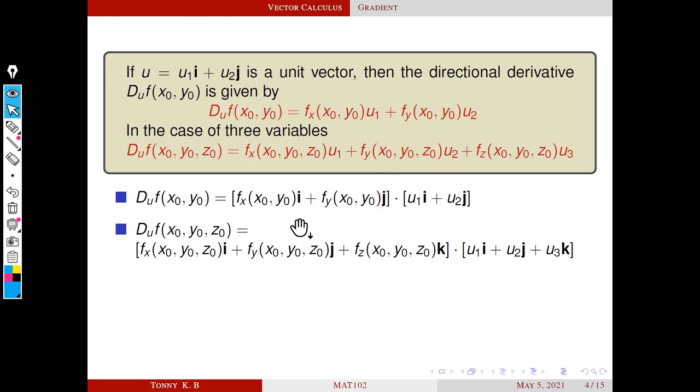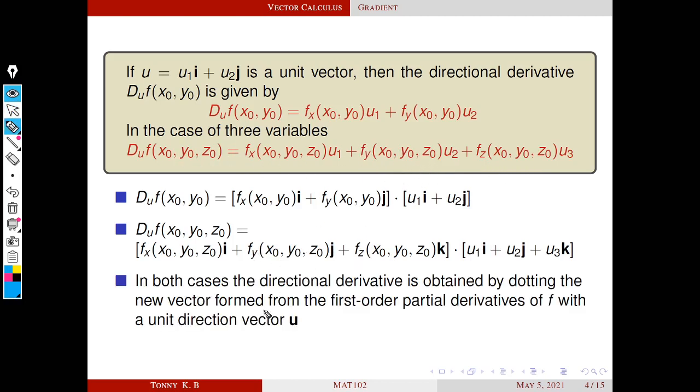Similarly, the dot product of these two vectors gives the same formula for the three-dimensional case. So in both cases, the directional derivative is obtained by dotting the new vector with the unit direction vector. What is the new vector? This is our new vector in the case of 2D, and this is our new vector in the case of 3D.